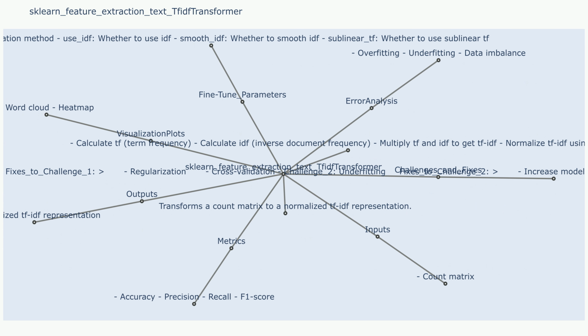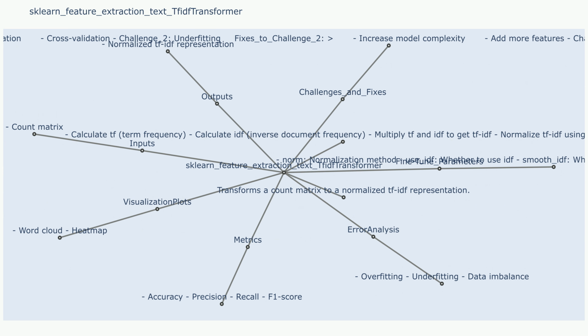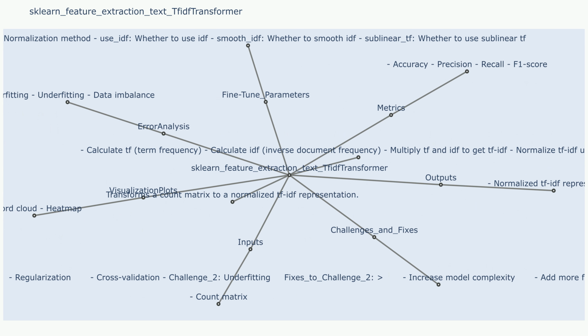It is calculated as the logarithm of the total number of documents divided by the number of documents containing the word. TF-IDF calculation multiplies the TF score by the IDF score for each word in each document to obtain the TF-IDF score. This score represents the importance of a word in a document, taking into account both its frequency within the document and its rarity across the corpus.